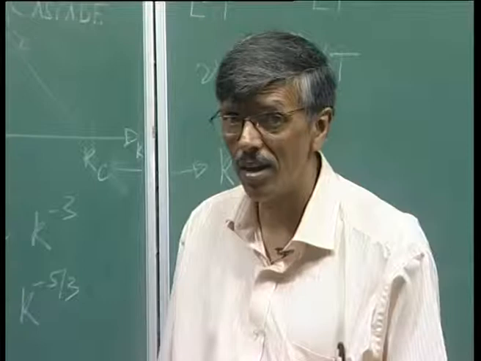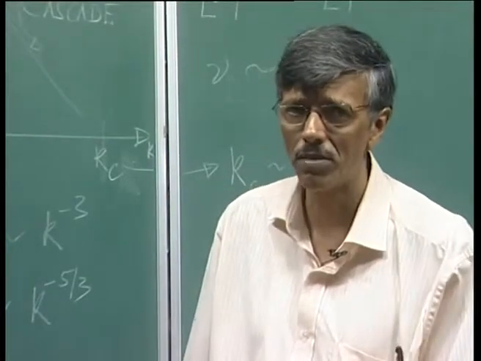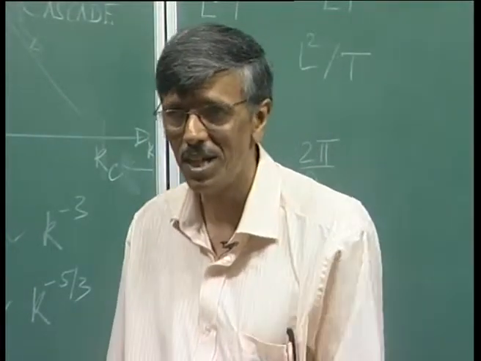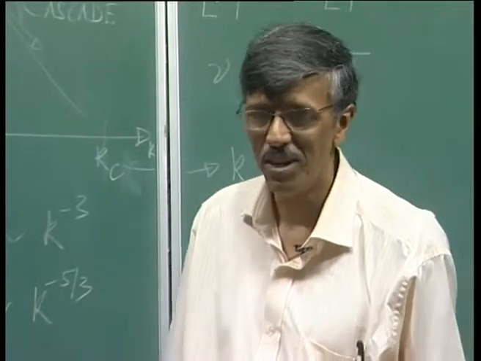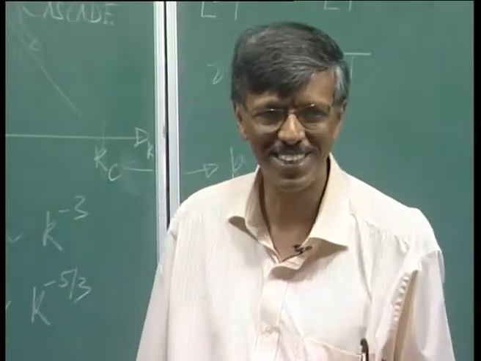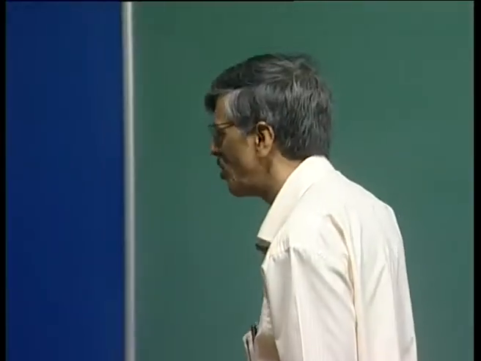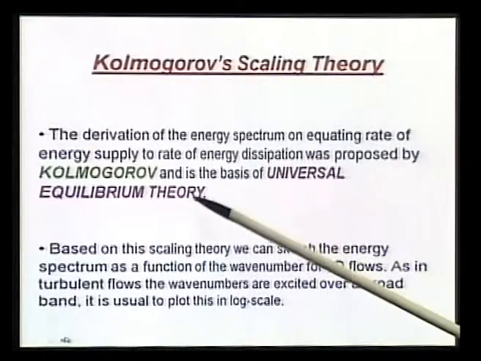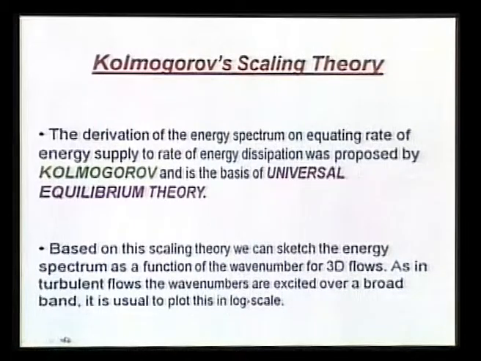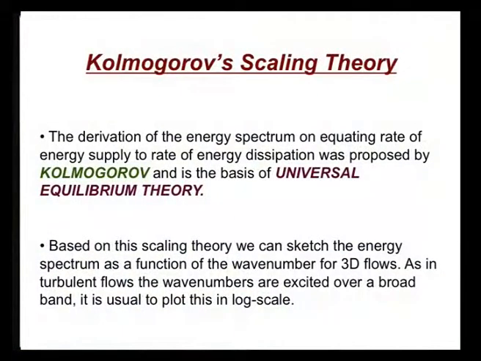It is not necessarily true as simply as we have done in terms of dimensional analysis; Kolmogorov did it with statistical physics. That is much beyond the scope of this course. We will not talk about it, but we have the gist of it in front of us. Based on the scaling theory, we can sketch the energy spectrum as a function of wave number for 3D flows.